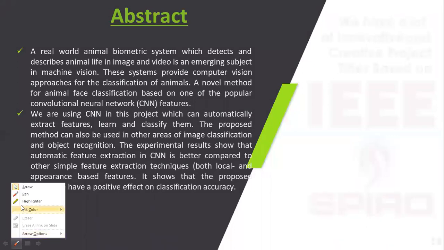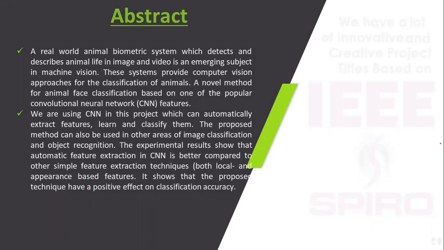Generally, animal biometric systems detect animals in real time. In our project, we are going to collect the data set of different animals, and after collecting it, we are going to train a DL model.